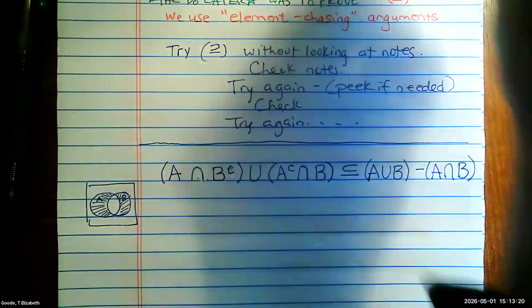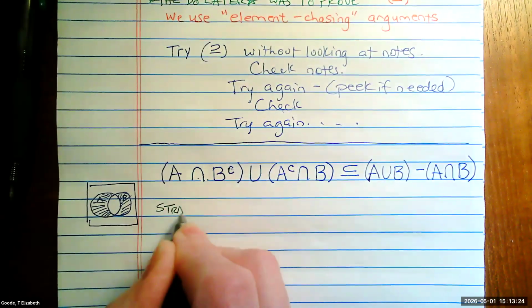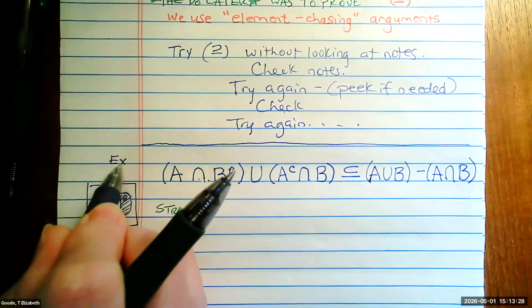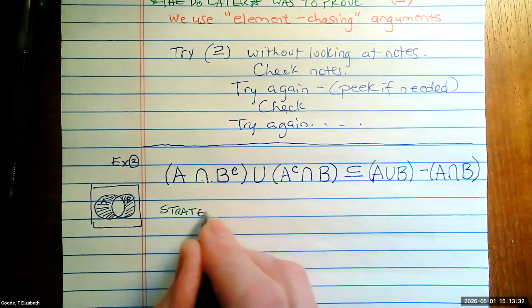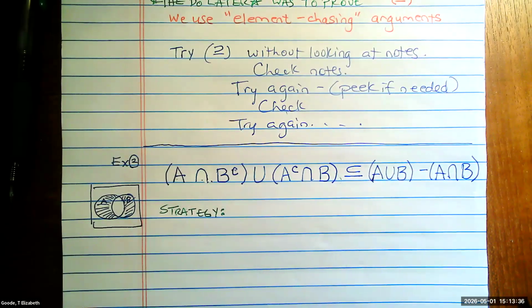So let's think about our strategy. This is our example two. We're going to take an X from this set.